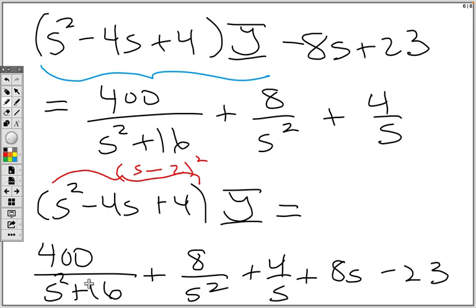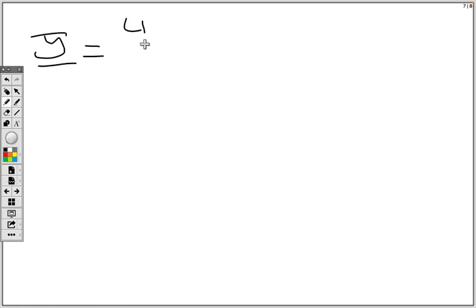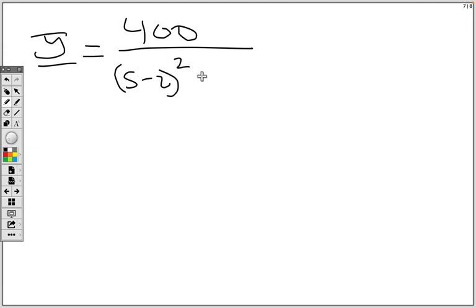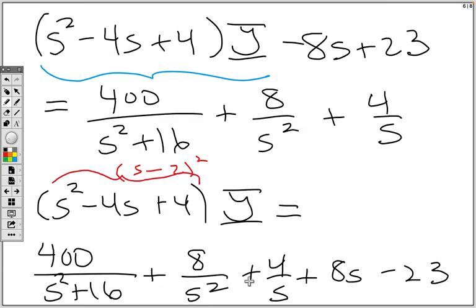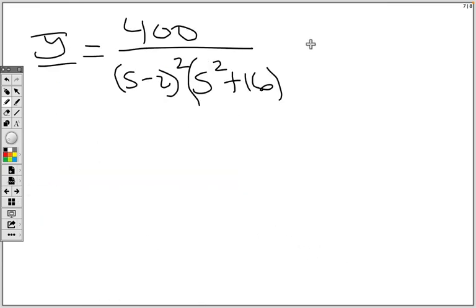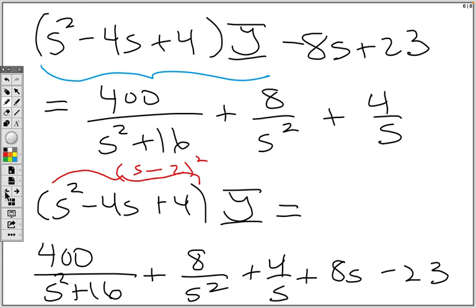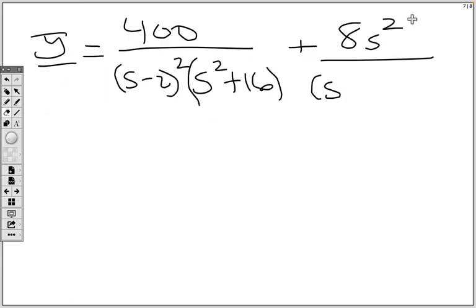So Y equals, the first term is going to be 400 over s minus 2 quantity squared times s squared plus 16, plus 8 over s squared, no, 8 over s squared.